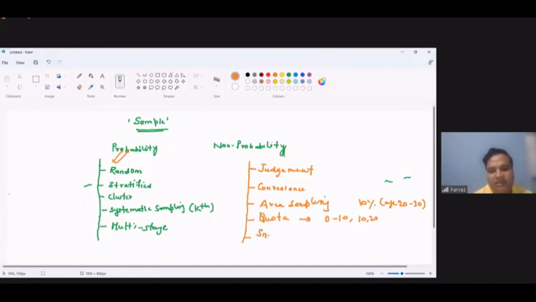Then we have snowball sampling method. We have seen snowball. How do we make a snowball without a mechanical machine? Collecting by hand. Yeah, collecting by hand.